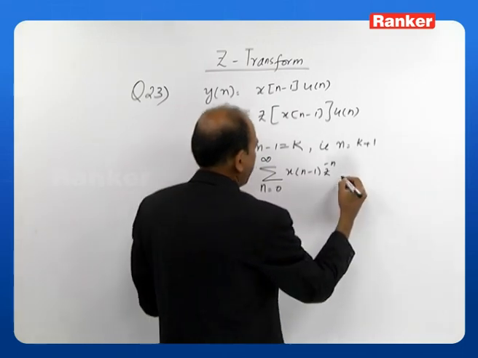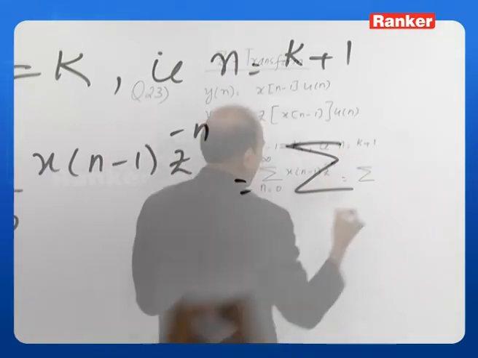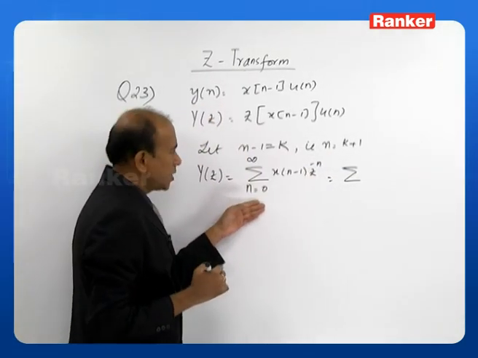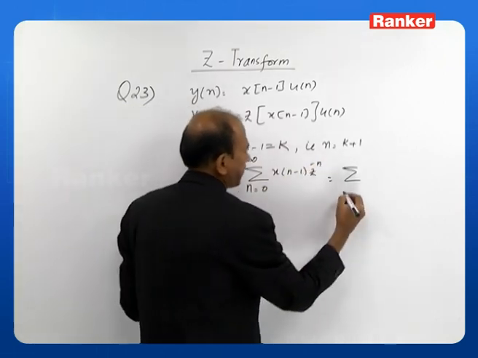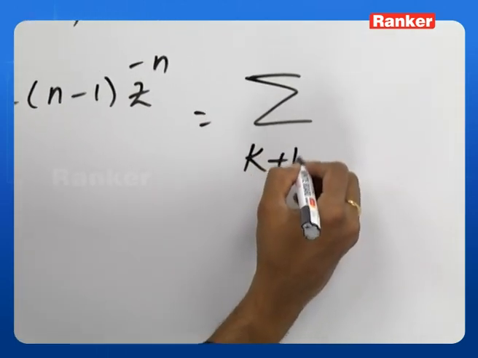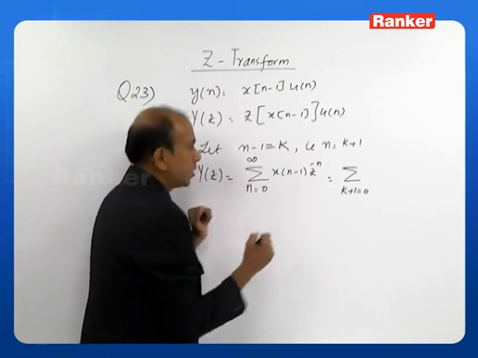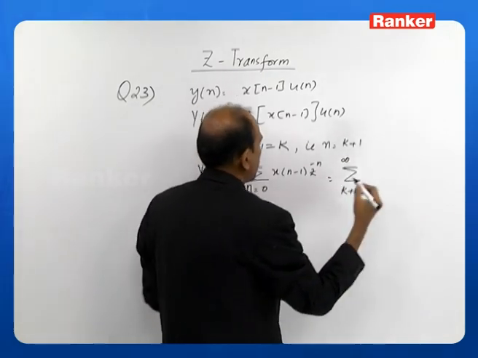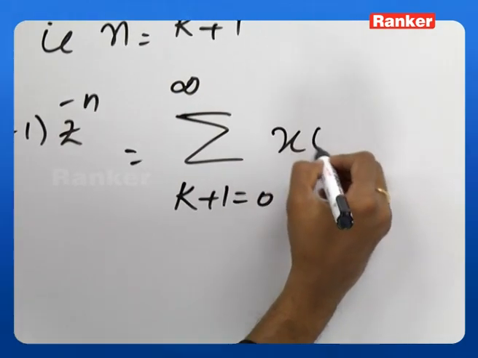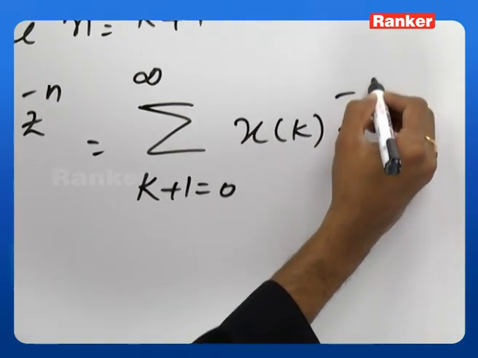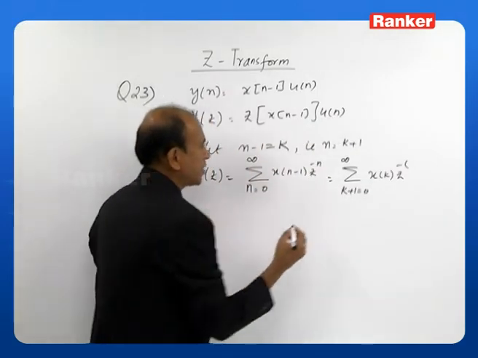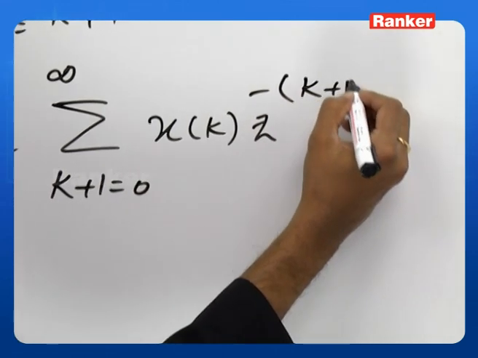Now I will write this by replacing n with k. What is n here? k plus 1. What is n minus 1? Nothing but k, and z to the power of minus n, which is k plus 1. So I will write k plus 1 here.